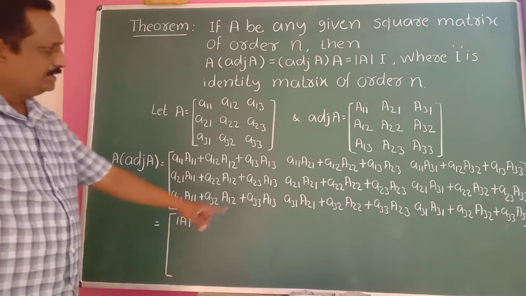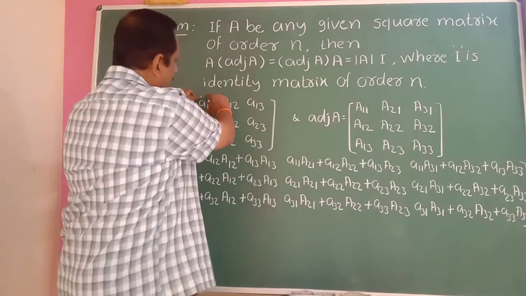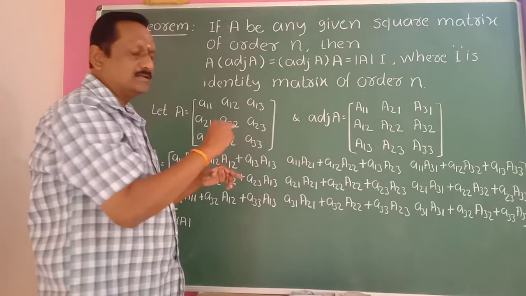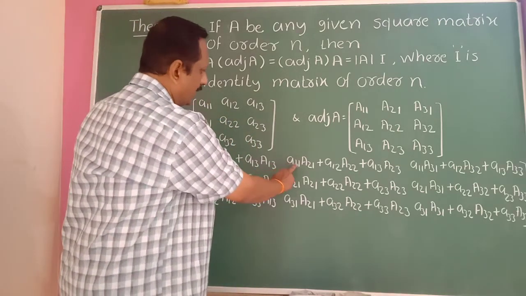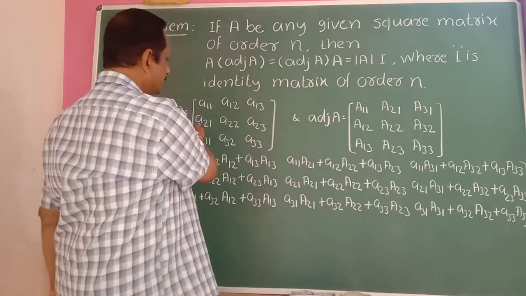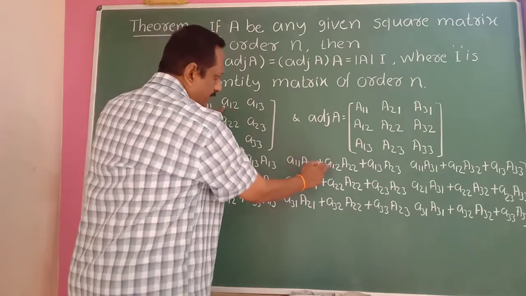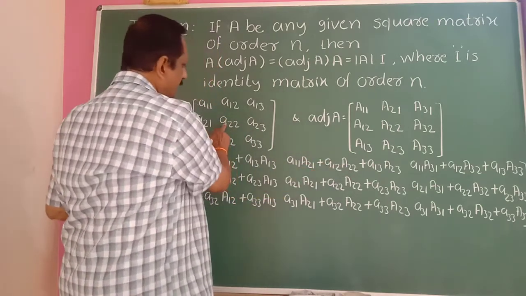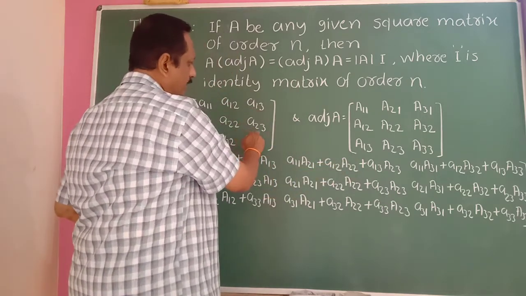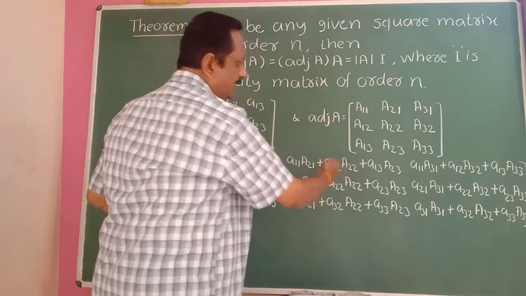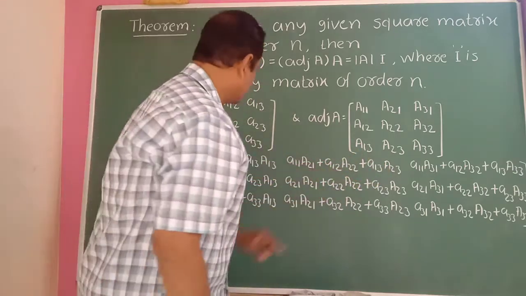Then in this case, take the elements A11, A12, A13 with the cofactors of the other row's elements: A11 with A21, A12 with A22, plus A13 with A23. In that case, the sum is always 0.